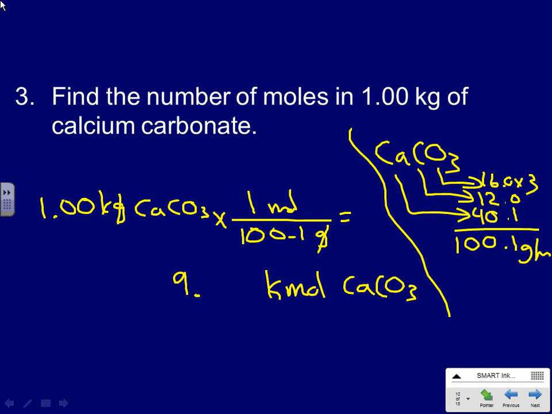Oh, yeah. That makes some good sense there. That's better. 9.99 times 10 to the negative 3 kilomoles. If you didn't write it as that, you would have 0.0099, right? Kilomoles. Okay. Let's say we wanted to turn that back into moles.